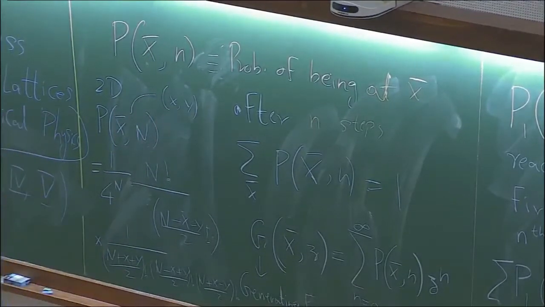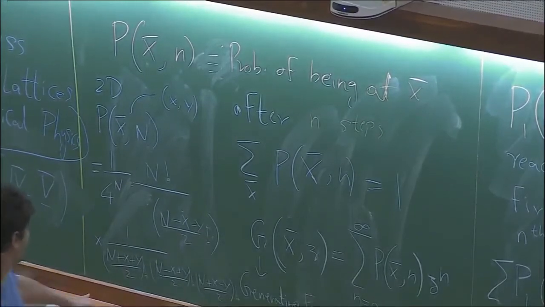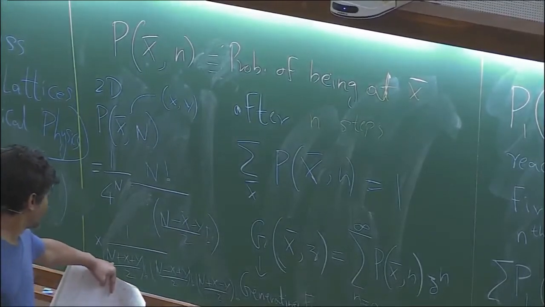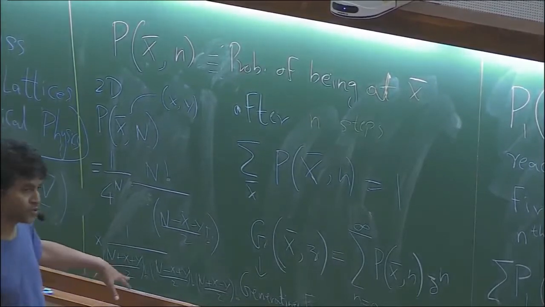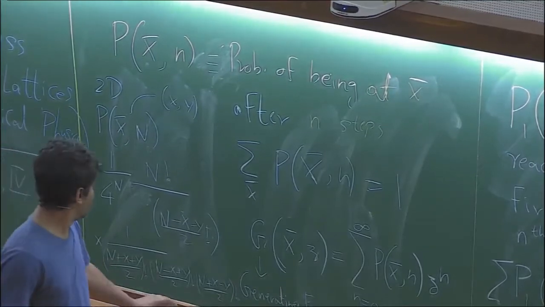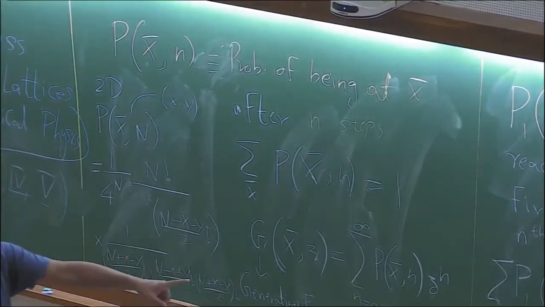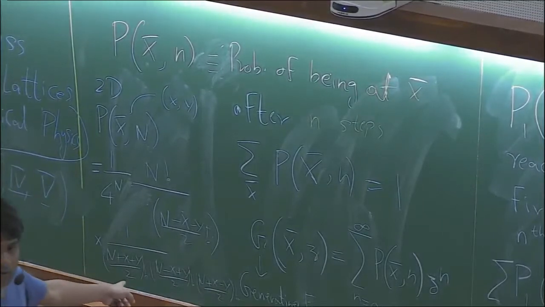Okay, so this is the correct thing. For the 1D you also do the same, right? This is n plus v. Now we can quickly check if it works. Here we'll put n equal to 4 and x, y equal to 0.